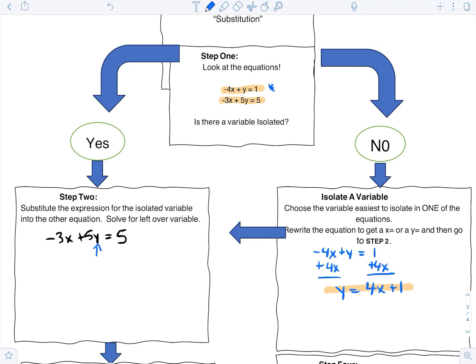So for y, we have 4x plus 1. So negative 3x plus 5 times 4x plus 1.